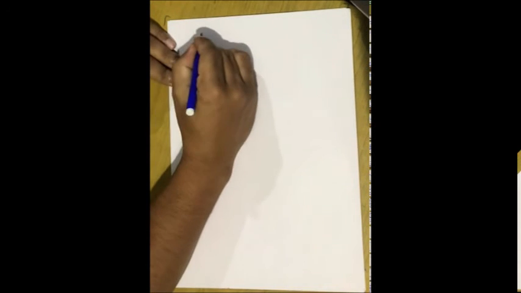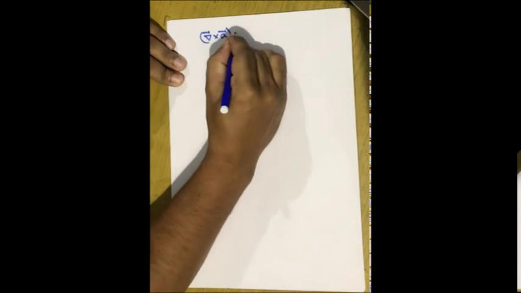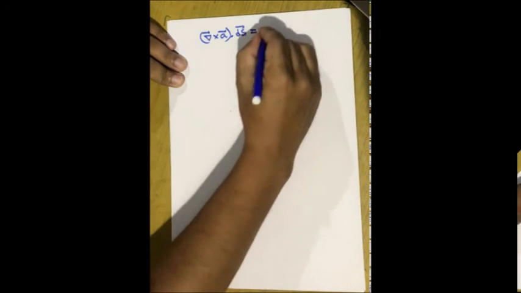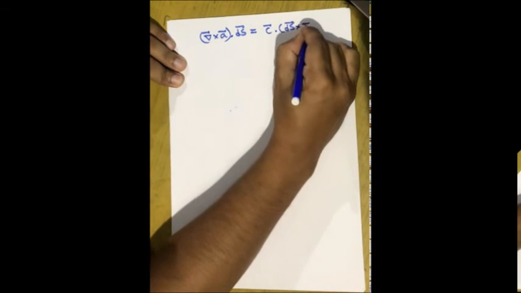Now del cross A dot ds, what we have obtained, is equal to C dot ds cross gradient of phi.